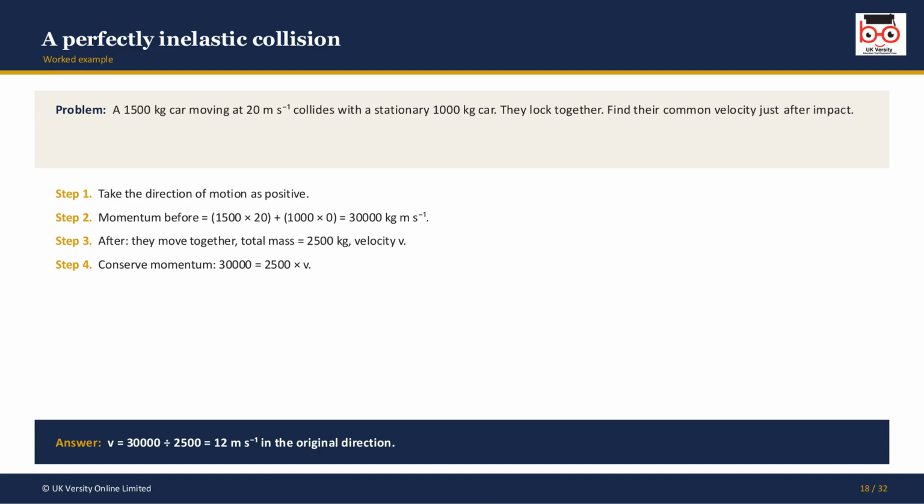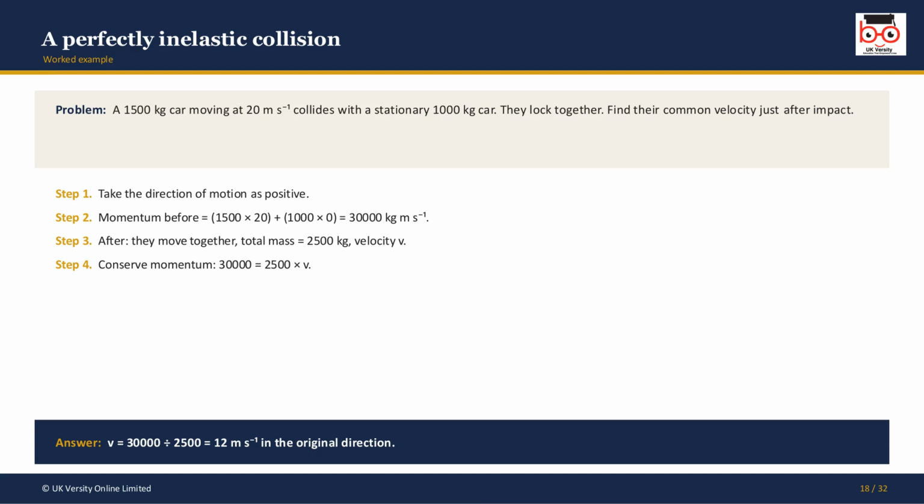Afterwards, they move together with a combined mass of 2,500 kilograms at some velocity v, conserving momentum. 30,000 equals 2,500 times v, so v is 30,000 divided by 2,500, which is 12 meters per second in the original direction.